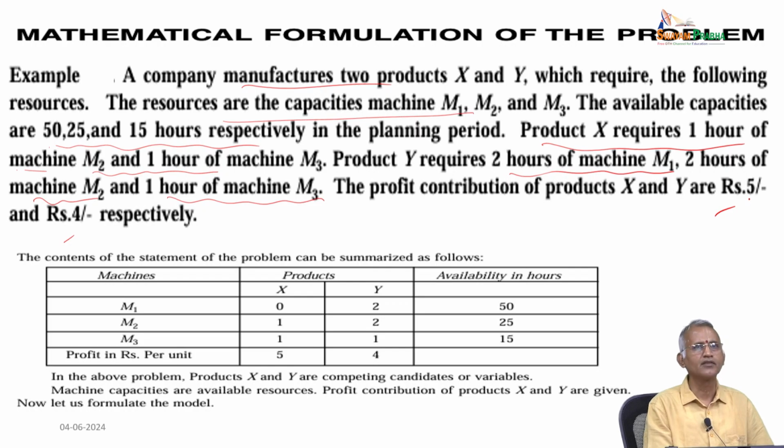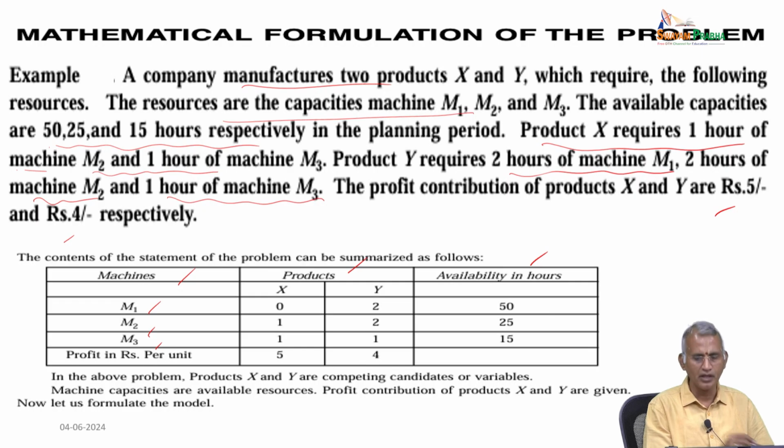So, the contents of the statement of the problem can be summarized as follows: machines and products, and availability in hours. M1 corresponding to X is 0, M1 corresponding to Y is 1 (as stated), M2 corresponding to X is 1 and M2 corresponding to Y is 2, M3 corresponding to X is 1 and M3 corresponding to Y is 1.